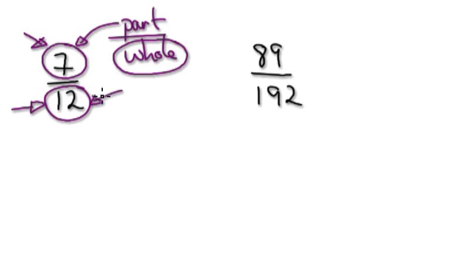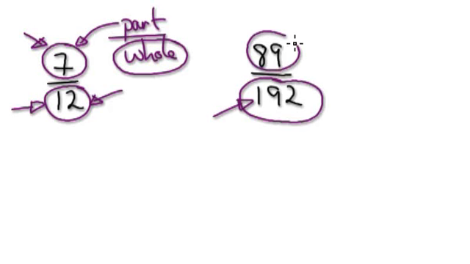Here, your whole, all the questions, is 192. There are a total of this many questions, and you got 89 correct. So this would be your part, because this top here is really part of the whole thing, the whole thing down here.